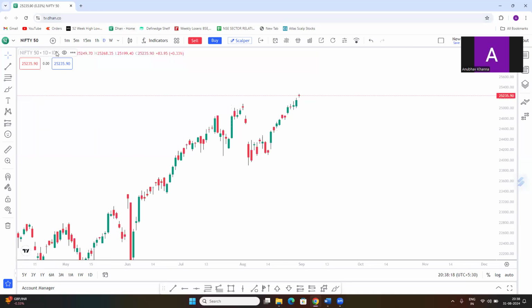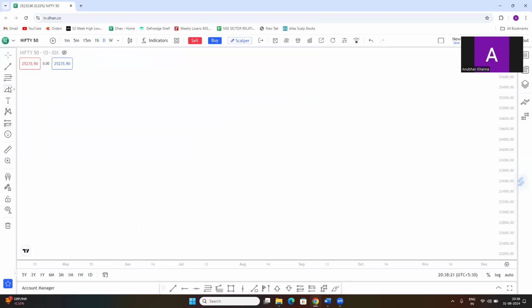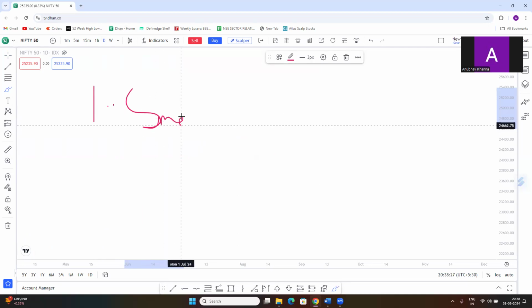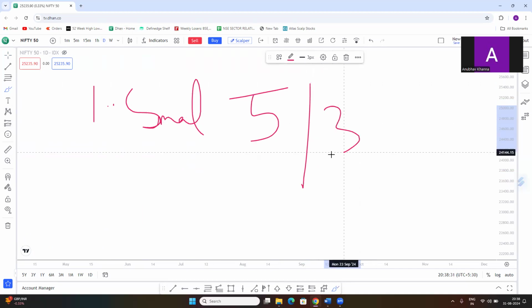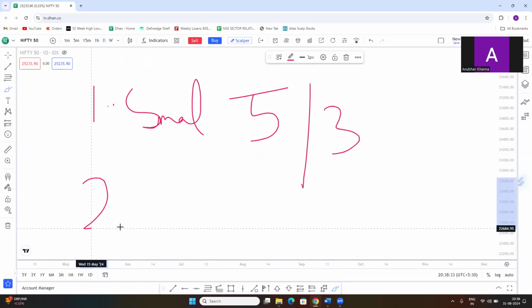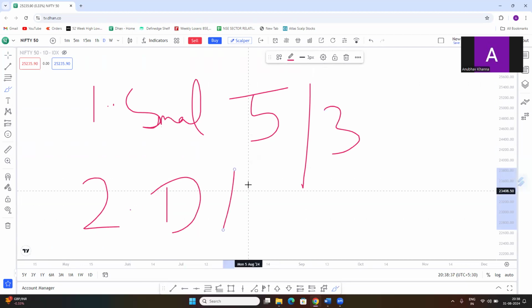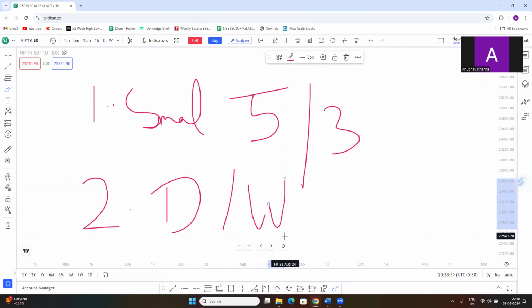First, I will tell you about swings for smaller time frames, that is 5 minutes or 3 minutes. And second, swings for the daily or weekly time frame so that you can do swing trades or position trades, and continue in your long term position, right?